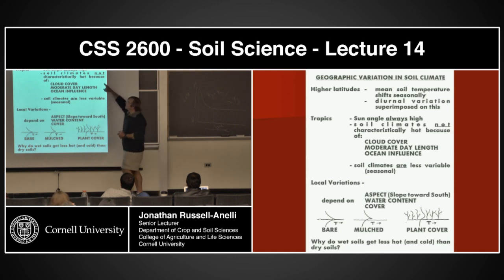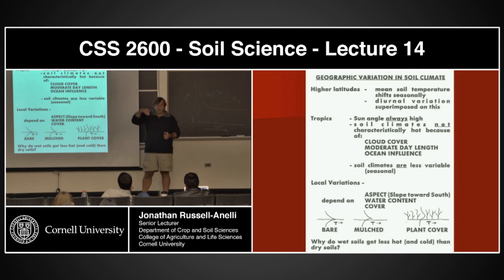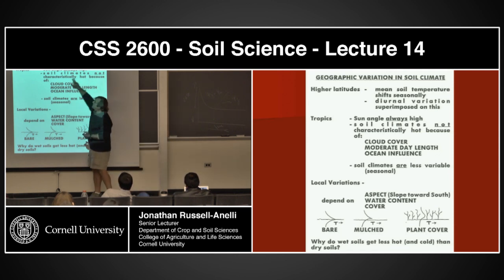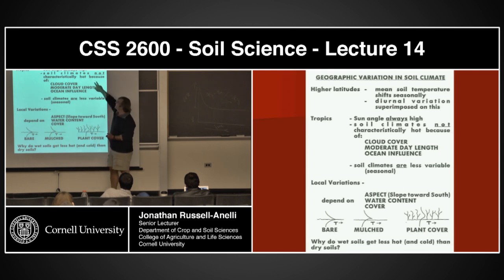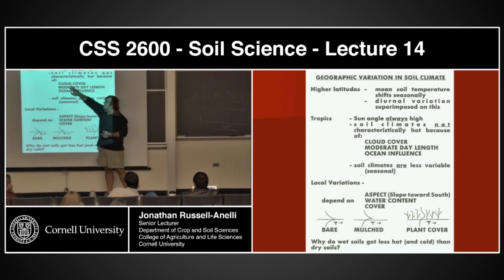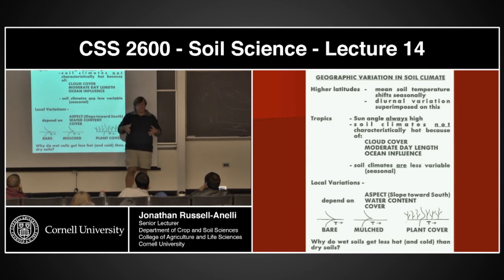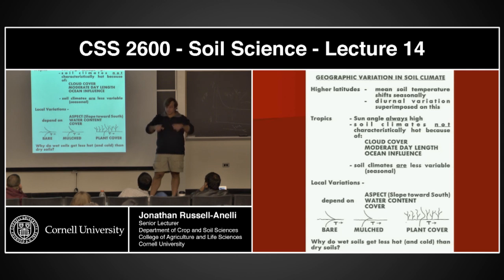Okay? The tropics, the sun angle is always pretty high. The day length is always pretty consistent. As a result, the soil climate is not characterized by heat because of moderation of a lot of things, but also a moderation of the day length, and I also have a lot more cloud cover down there. And if you look at the planet and you look at where the tropics are, the tropical zones, the latitudes are dominated by oceans.